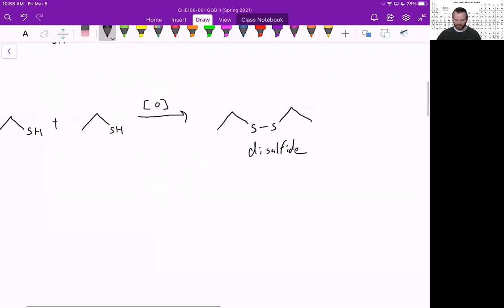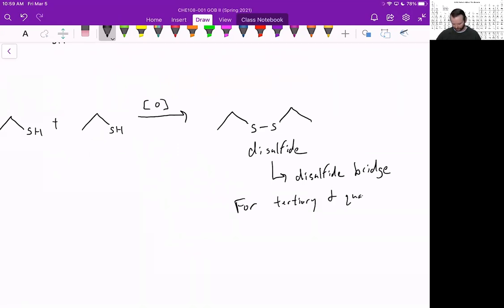And that cross-link is called a disulfide bridge. And they're important for tertiary and quaternary protein structure.